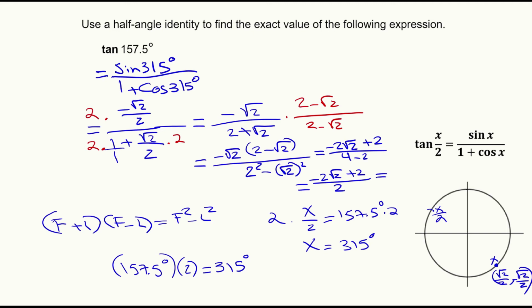Now, if we go ahead and factor out a 2 on the top, that leaves us negative 1 radical 2 plus 1 over 2. Now we can cancel out these 2's, and we end up with negative radical 2 plus 1. You could leave it like that, but I think you'll admit that 1 minus radical 2 looks nicer. So we'll go ahead and leave that as the final answer.